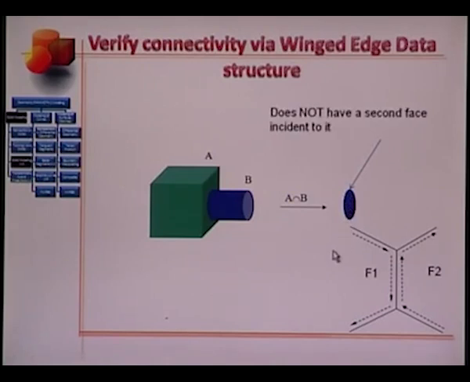It does not have a second face associated with it. And this can be detected in the winged edge data structure, and correspondingly the result can be eliminated, or it can be categorized as a non-valid solid.